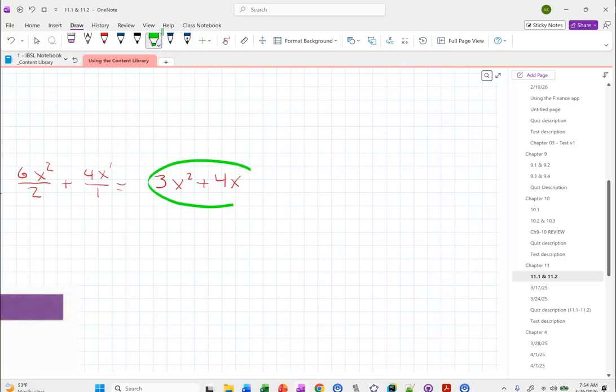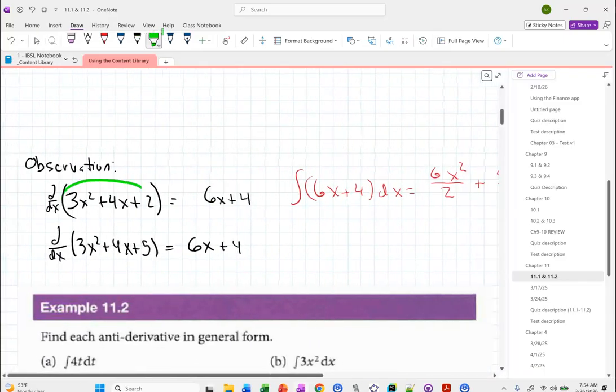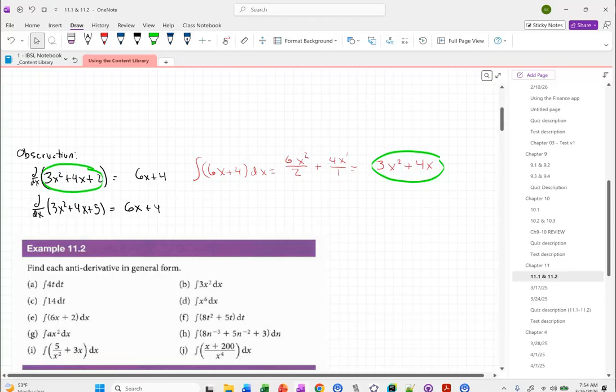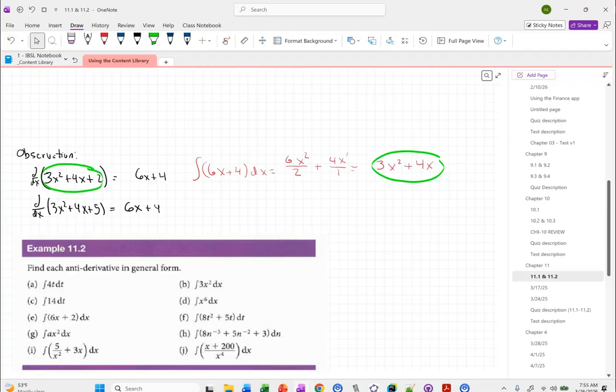But notice, is that the same thing as what we would have started with? Have we actually recovered the original? No, man. What's different? There's no plus 2, right? Notice that if I try to integrate 6x plus 4 that came from 3x squared plus 4x plus 5, I'll get the same thing, right?